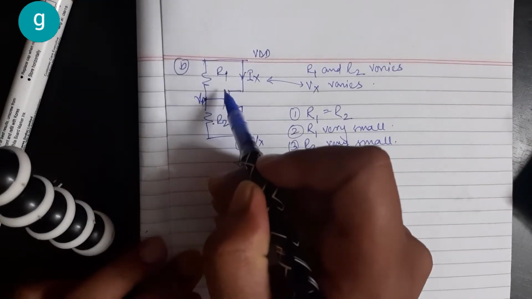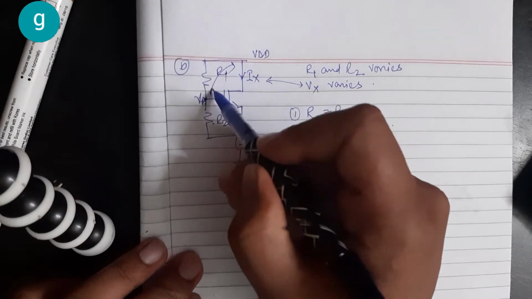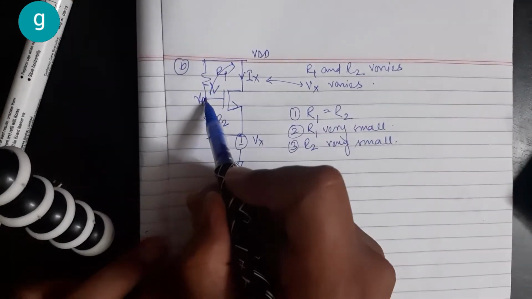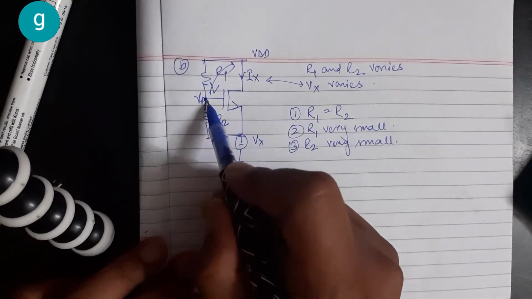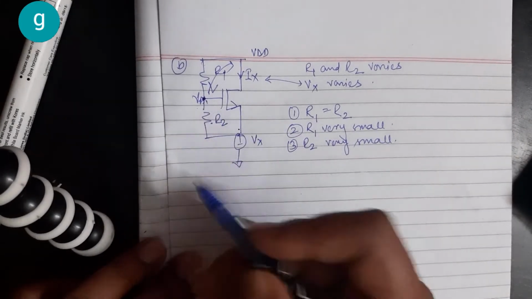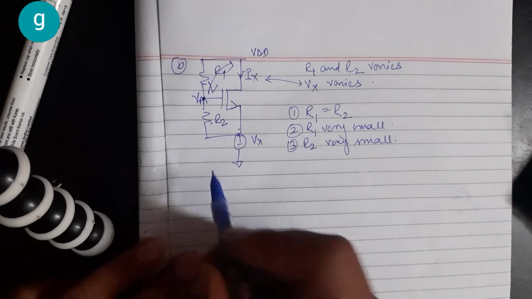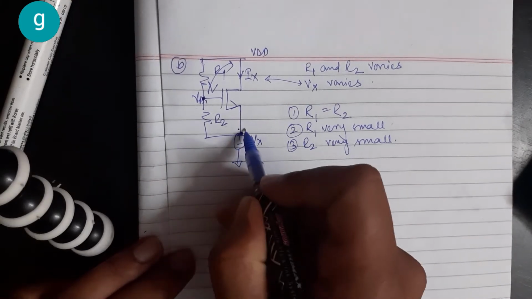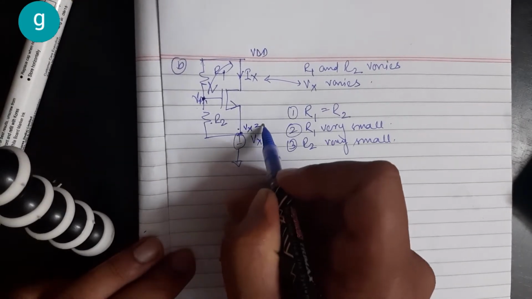this node voltage is comparable to VDD. This node voltage is basically VGS. Just to simplify the problem a bit further, let us consider the case where Vx is at one of the extremes, which is 0.